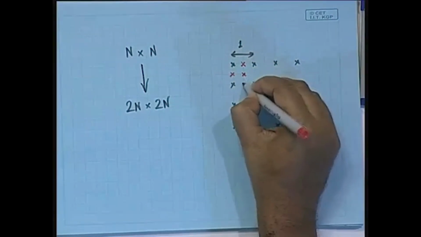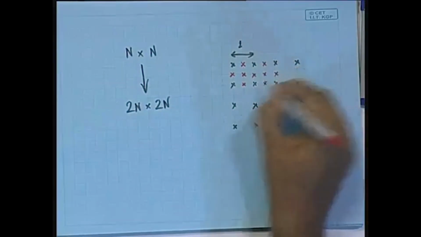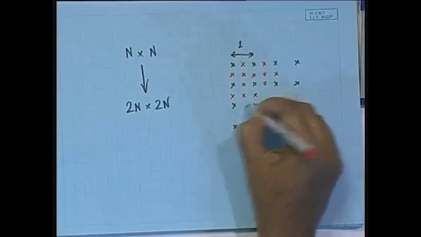So, all that I am indicating by red, these pixels can be interpolated.